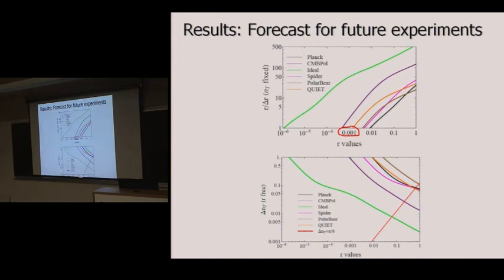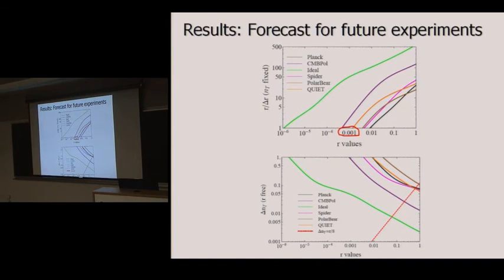For Planck, we show it in the black line here. And for CMBPol, which is a pretty futuristic experiment, we show it in this deep purple line. In between, we have SPIDER, which is a balloon experiment, and also the POLARBEAR type. These two ground-based experiments, plus the balloon experiment, do improve on Planck at certain levels.